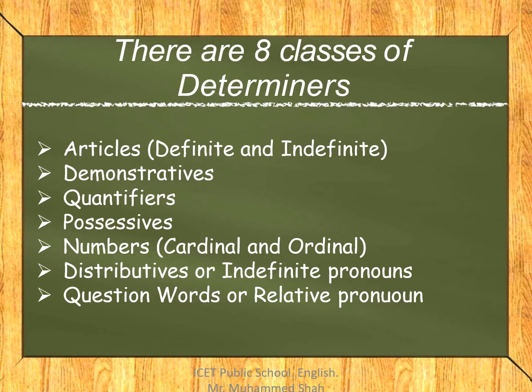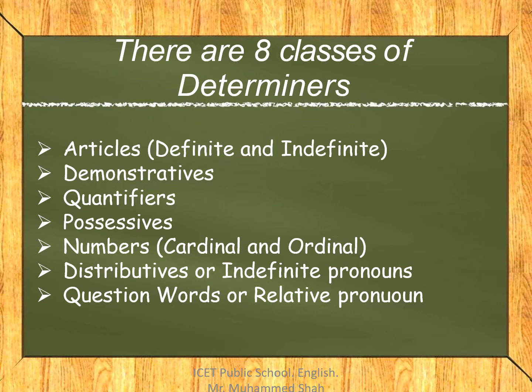Okay, there are 8 classes of determiners. Please, all of you look here. These are the classes of determiners. One is articles, we know only 3, not many. Definite article also, indefinite article also.